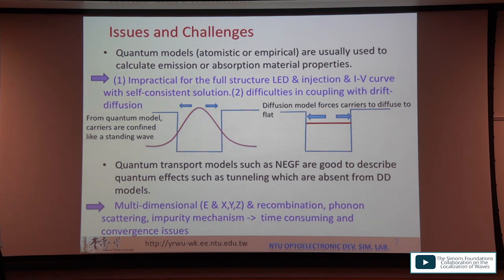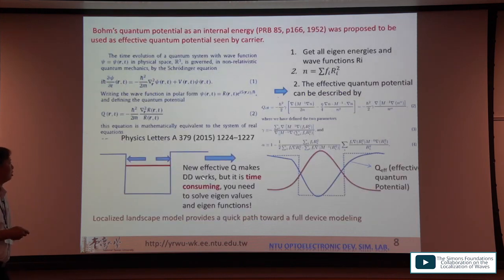Next page. I think there is a way introduced, which is the effective quantum potential. The idea is that this is the real EC in the quantum well, but we actually consider the quantum confinement effect and the penetration into the barrier. So the real effective quantum barrier seen by the carrier is not square, it's something like this.